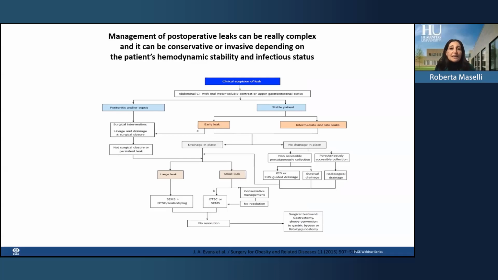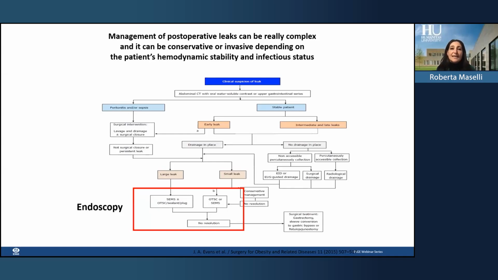Why endoscopy? As we said at the beginning, because it's fast, it is the first thing that they ask for. For example, if you look at this algorithm, when a patient comes who is unstable, or we should look for infectious status, even for a large leak or small leak, they ask for endoscopy, and depending on what we find in that patient, we should go for one procedure or the other.